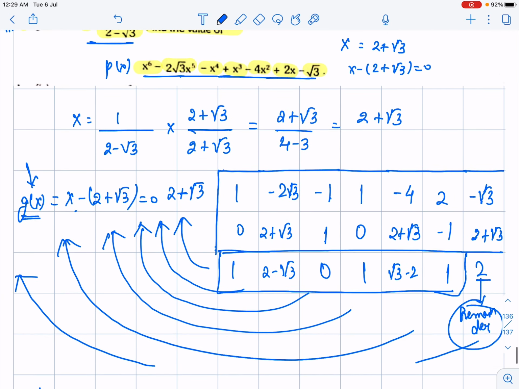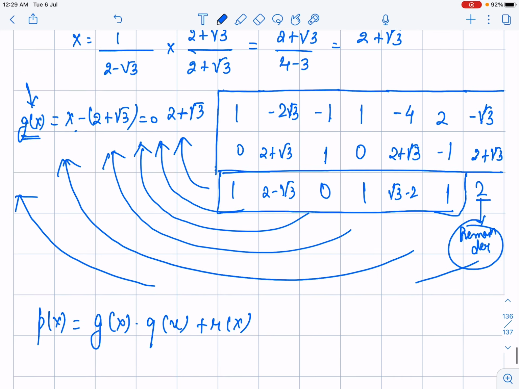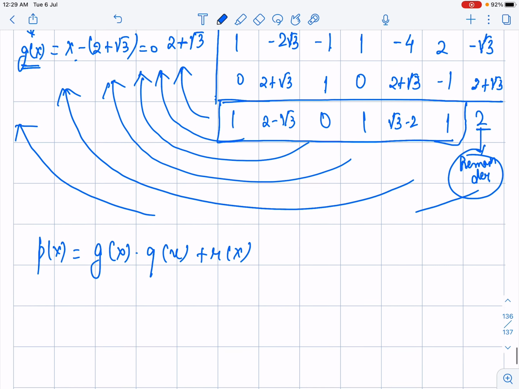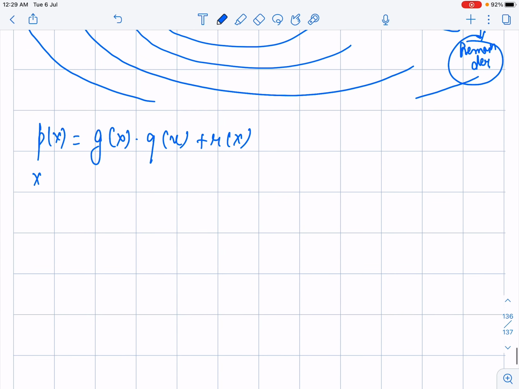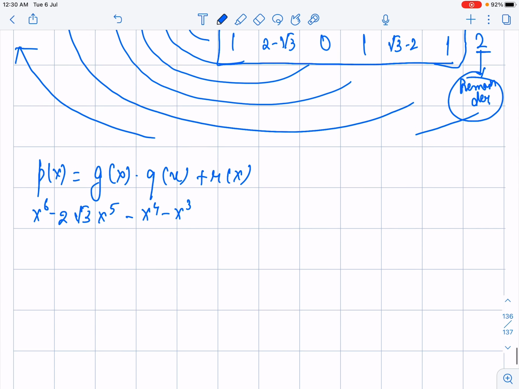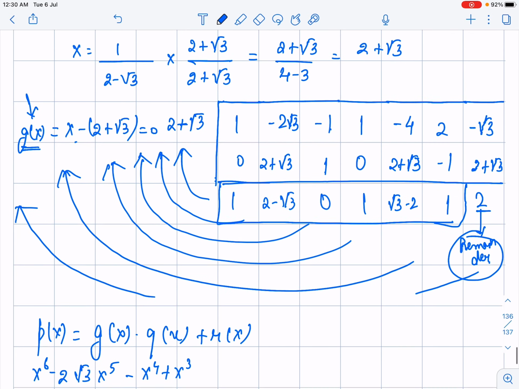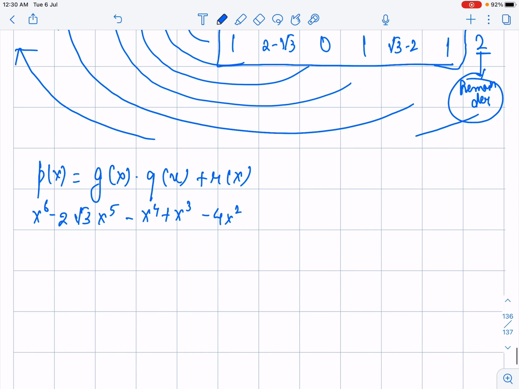And p of x, what do we know? A 6-degree polynomial. What is the value of that 6-degree polynomial? That is x power 6 minus 2 root 3 times x power 5 minus x power 4 plus x cube minus 4x square plus 2x minus root 3.